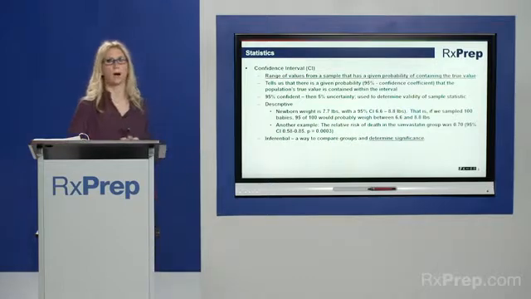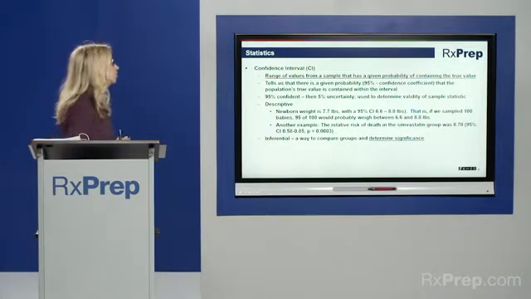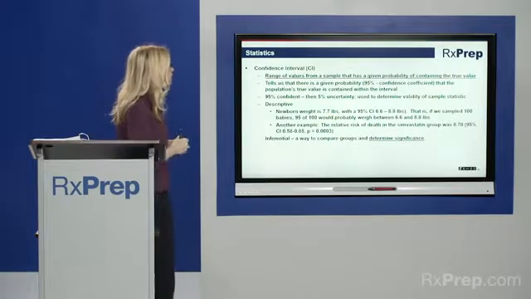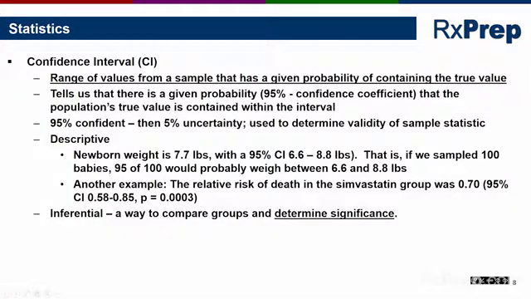Now let's talk about confidence interval. First, let's describe what it is so you have a clear understanding. Our confidence interval is a range of values from a sample, so from one trial, that has a given probability, and everything in statistics is about probability, nothing is a guarantee, of containing the true value.